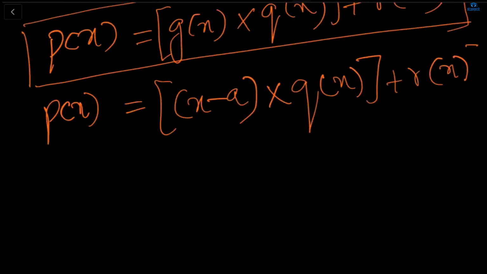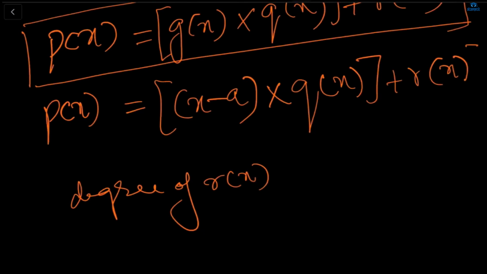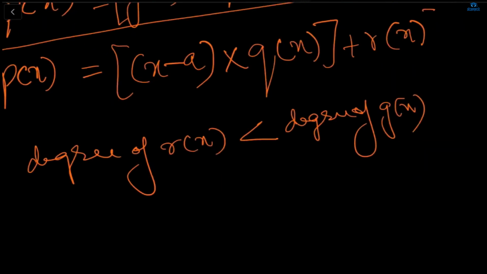Now you know that when using the long division method, for the division to be complete, the degree of r(x) should be less than the degree of g(x). Any doubt?